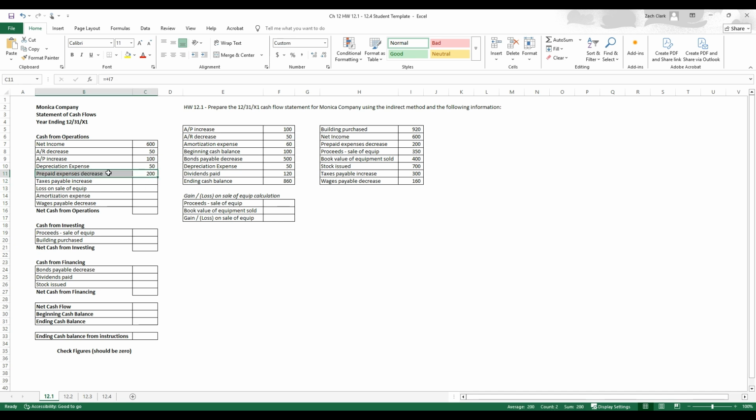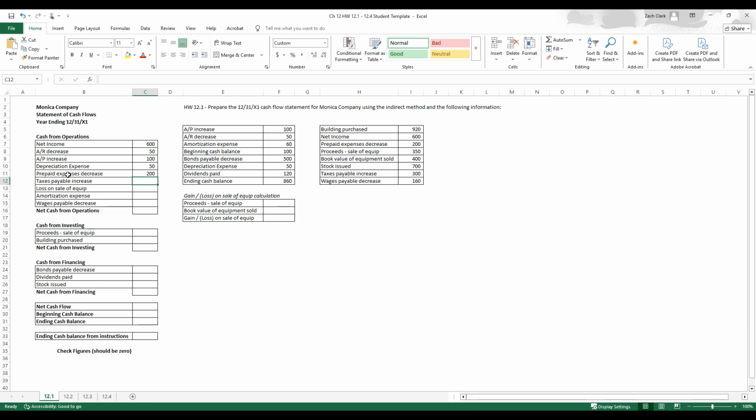Think of it like rent expense: because our prepaid rent is going down, it's included as an expense leading to net income, but the cash isn't going out. It's our prepaid expense going down that's causing the rent expense.